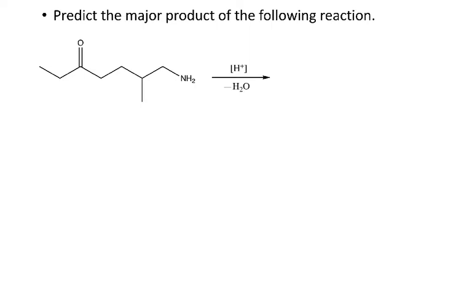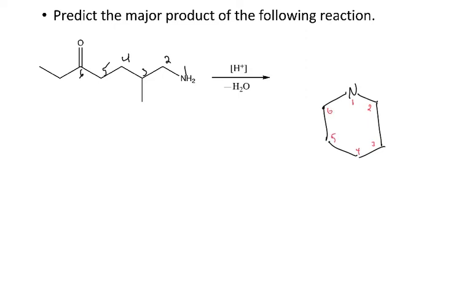Right? So the nitrogen is going to be part of the ring. And it's going to connect to this carbon atom. And so I'm going to end up with a 6-membered ring. And when I think about the numbers of the carbons, I have the nitrogen as part of the ring, 3, 4, 5, 6.